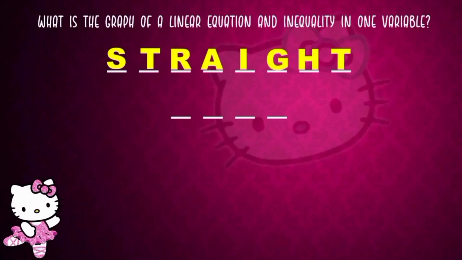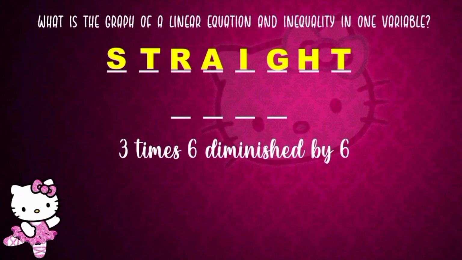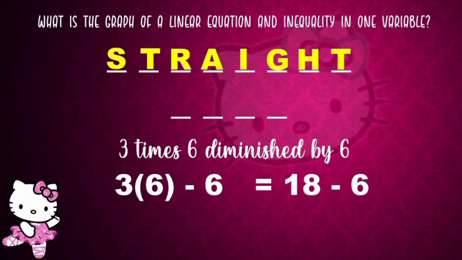Now let's proceed to the second word. 3 times 6 diminished by 6. We have 3 times 6 minus 6. The product of 3 and 6 is 18. And 18 minus 6 is equal to 12.